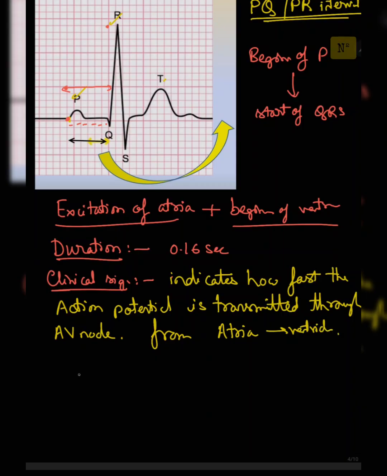So if this PQ interval is prolonged, then you can suspect that there might be some blockage in the AV transmission or the AV node.